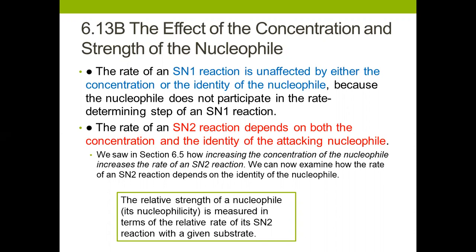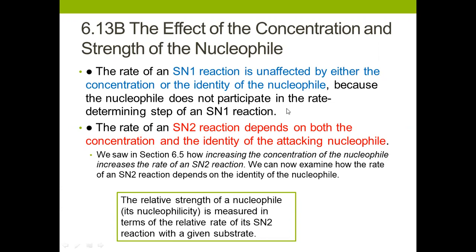For example, if your nucleophile is a hydroxide, it's not affected by the strength of the nucleophile, whether it's concentrated or not. So the rate of an SN1 reaction is unaffected by either the concentration or identity of the nucleophile because the nucleophile does not participate in the rate determining step of the SN1 reaction.